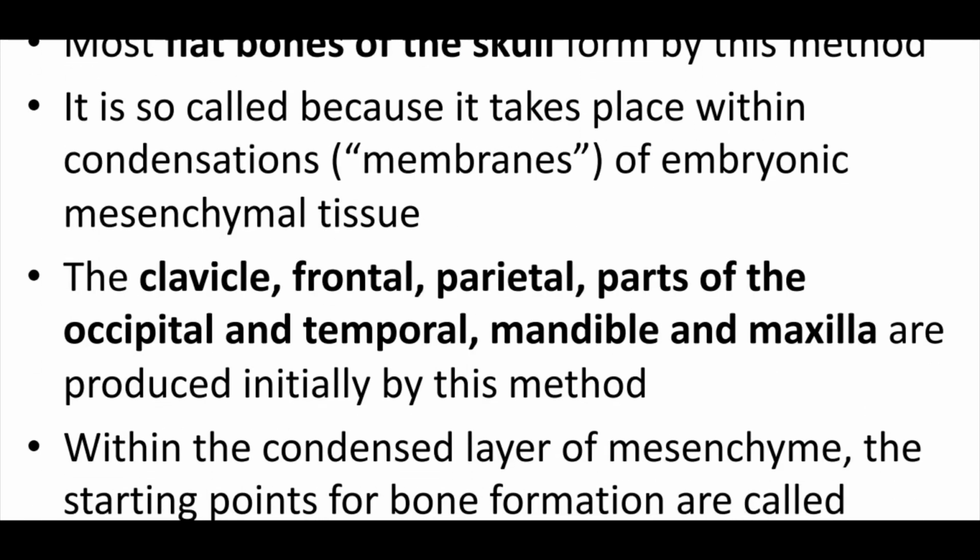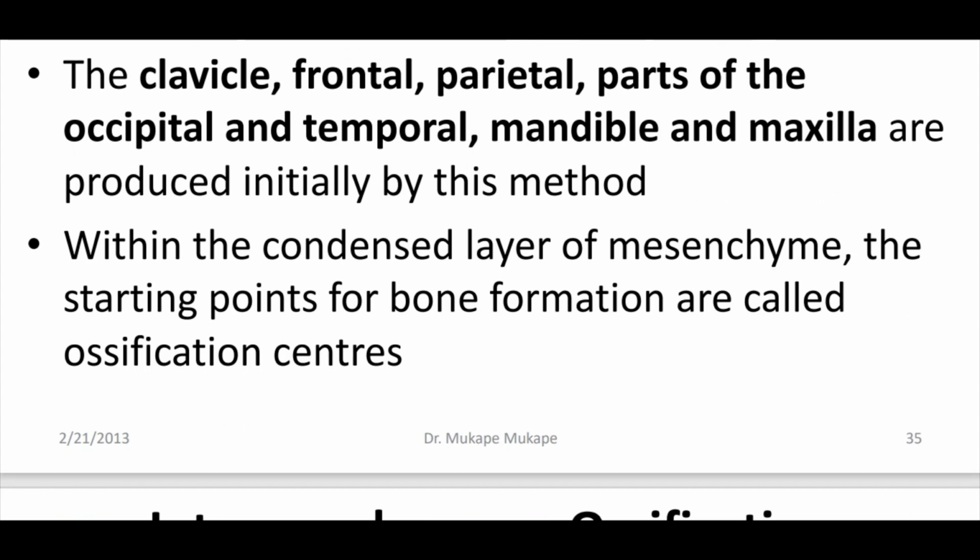The clavicle, the frontal bone, the parietal bone, parts of the occipital bone, the temporal bone, the mandible, and the maxilla are produced initially by this method. Within the condensed layer of mesenchyme, the starting points for bone formation are called ossification centers. So this is what is happening here.